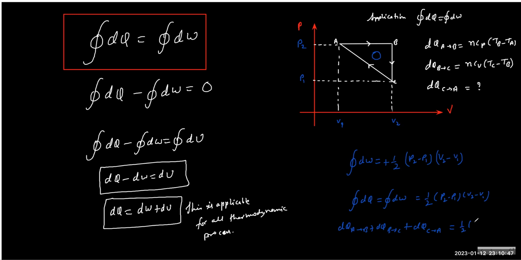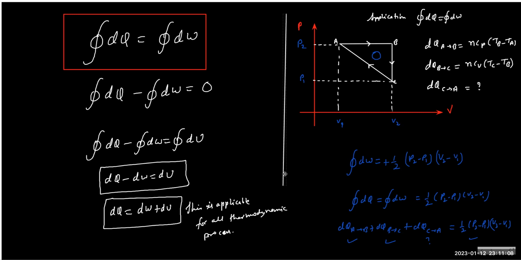Because of this simple first law definition, do I need to calculate anything rigorous? No. Because I know this answer, I know this answer. Can you find this answer? Yes, sir. And you know the way of solving, right? How to get the third answer.